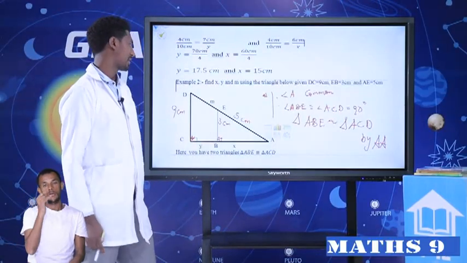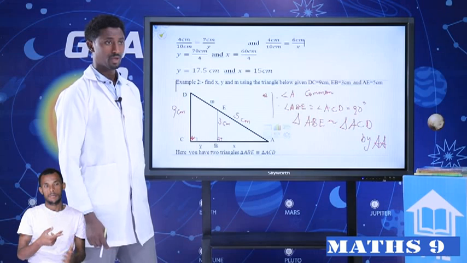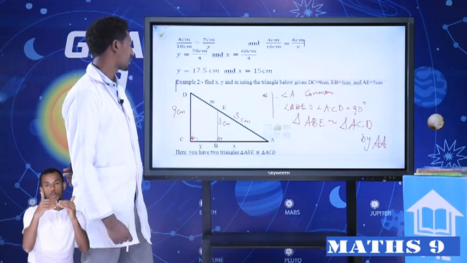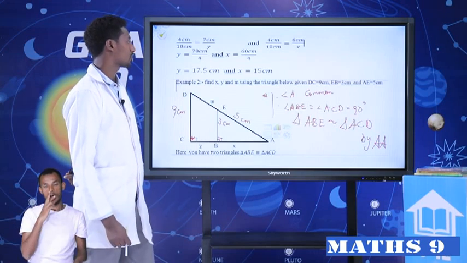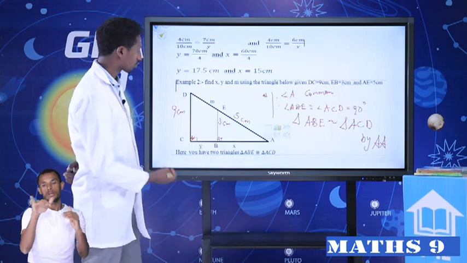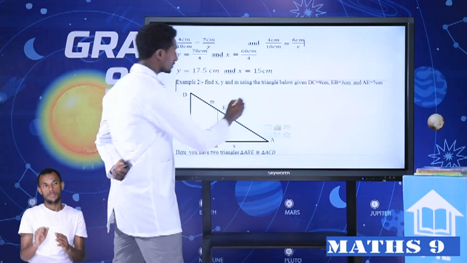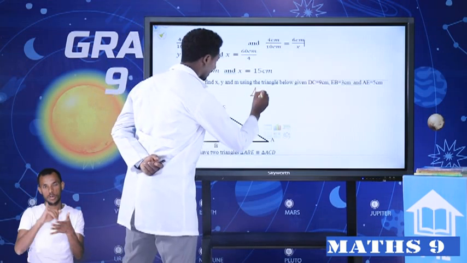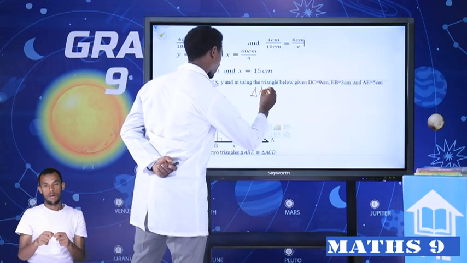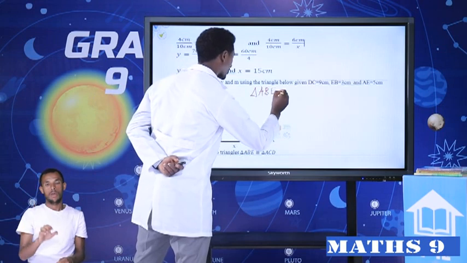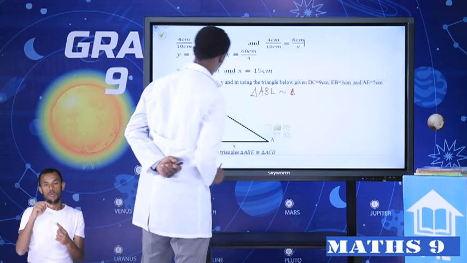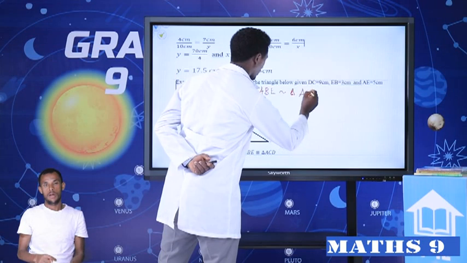If they are similar, the corresponding sides are proportional, or they have the same ratio. So to find the unknown values, let's use that idea.